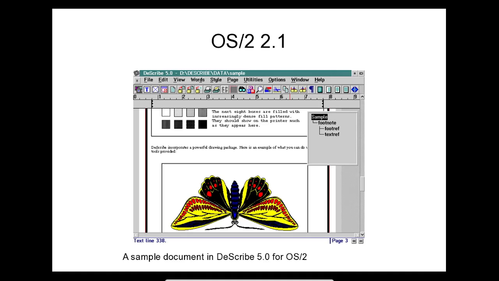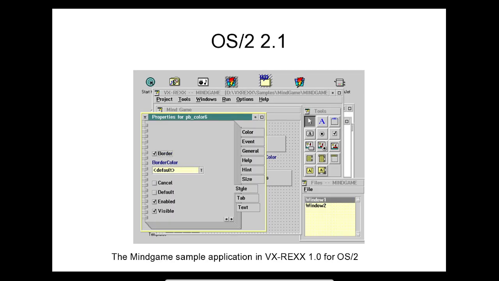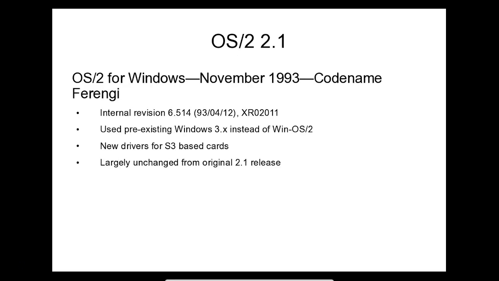A really nice guy in Australia sent me a copy of that. Yeah, the VXRX was really cool. Yeah, I have that too, but I never really get into it. That was when they were trying to get them warmed up to Warp. Yep.